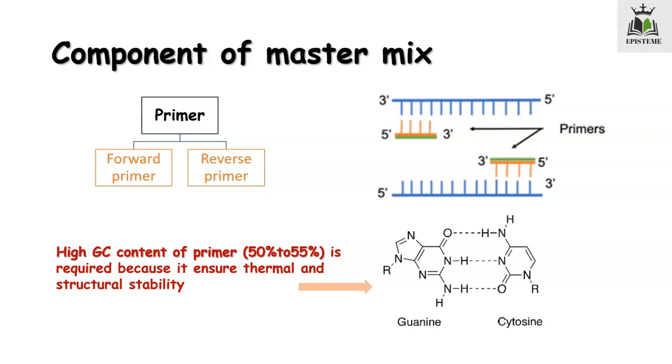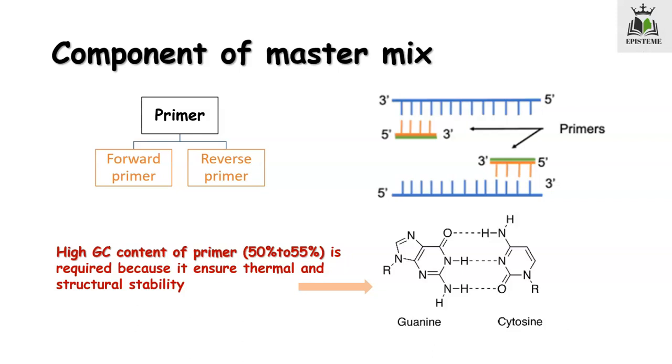Due to the presence of a high number of hydrogen bonds, this creates a stable structure of the primer and the template complex. This can't be achieved with AT, because A and T have only 2 hydrogen bonds between them.